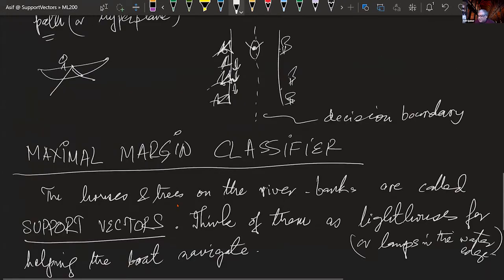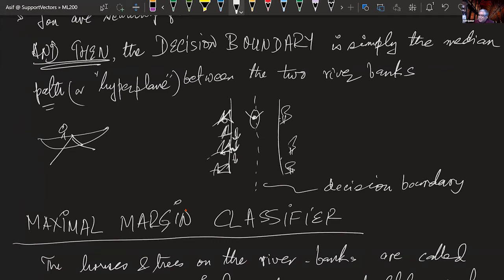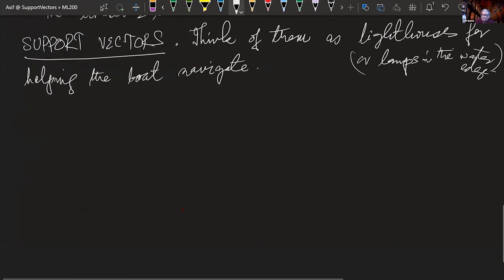So do you see that so far the intuition is very clear? If you look at this picture, you realize that if you are in pitch dark and you are a boatman, and let us say that you see one light here, and another light here, and a light here on the other bank of the river.